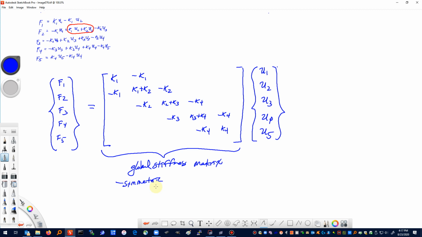The other thing that I can point out about this matrix is that it's really interesting: if we looked at our single element stiffness matrix, and I'll do this in red, remember our single element stiffness matrix looked like this. Now there's no subscripts on here because it's just a single element stiffness matrix.